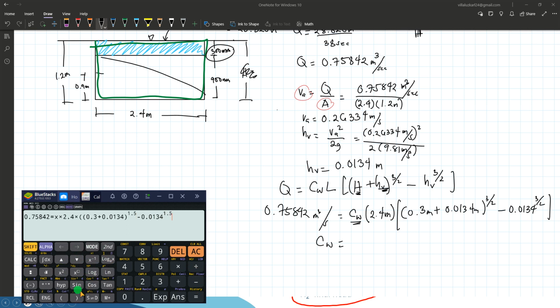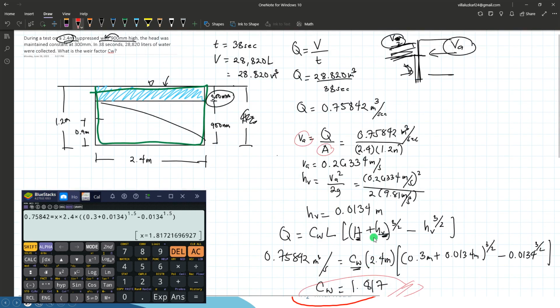Close parenthesis. That's equals to, shift solve. The value of x, or the unknown variable CW, is 1.817. That's unitless because that's a weir factor. That's the answer for this particular problem.